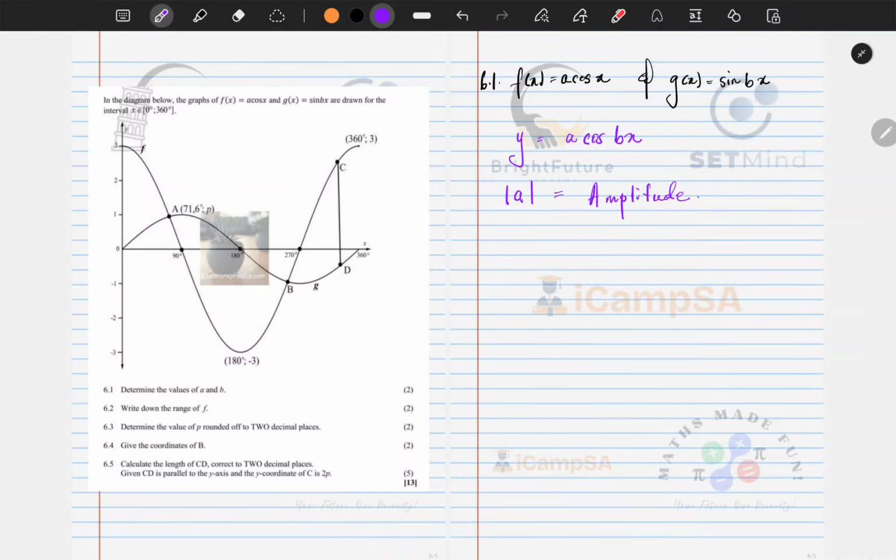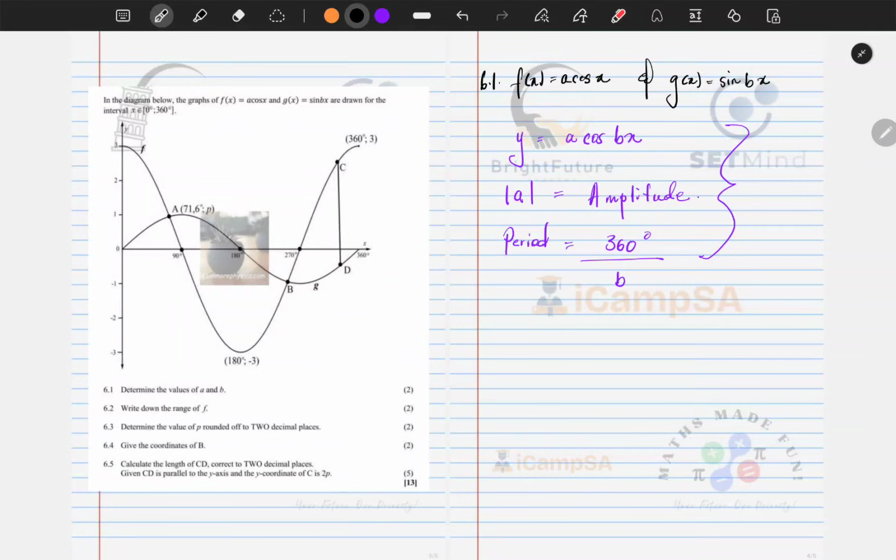And b defines the period, and the period of the graph for sine and cos is usually given by 360 divided by b. So b is a scaling factor and it can be anything. You have to remember these before we can go into solving this problem.